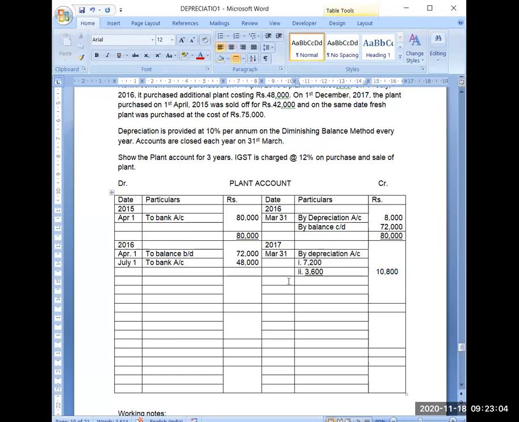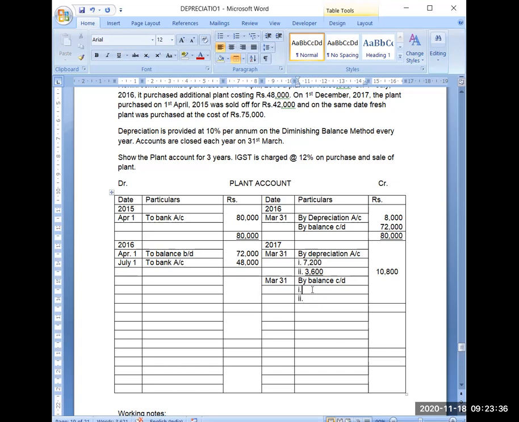Now we will calculate the balances by, sorry, March 31st by balance carried down, and balance will also be calculated separately for first plant as well as second plant.